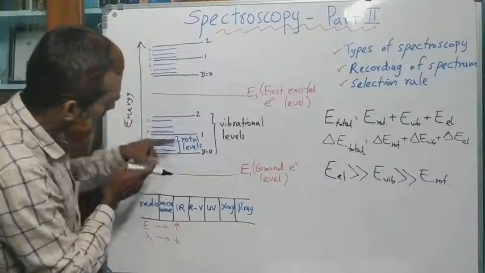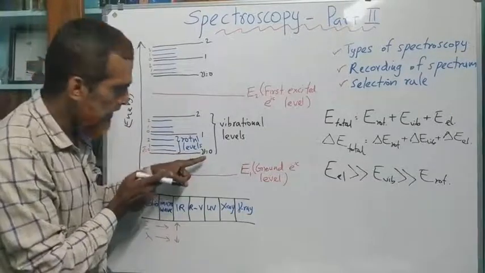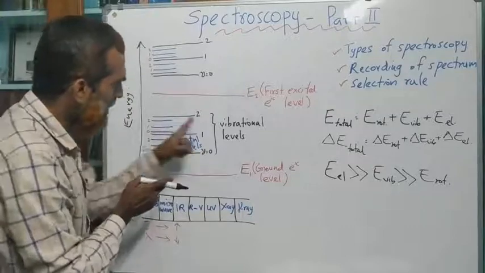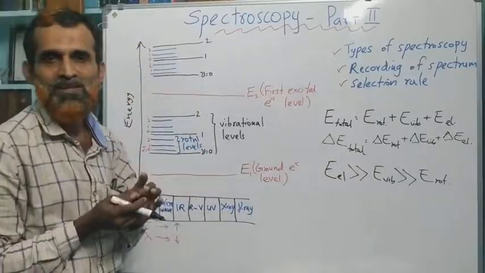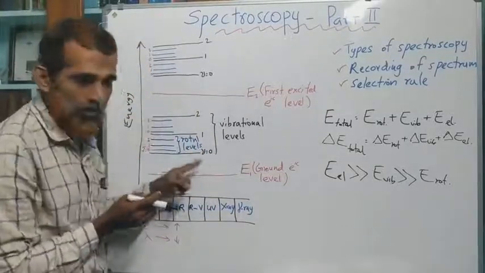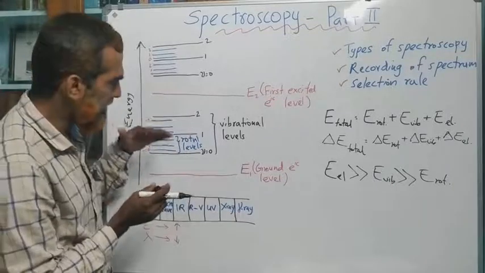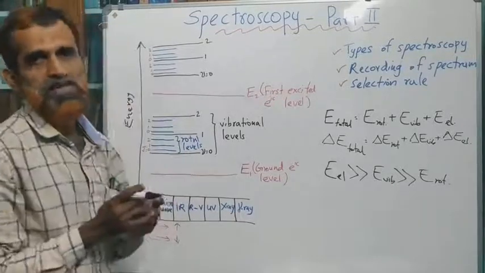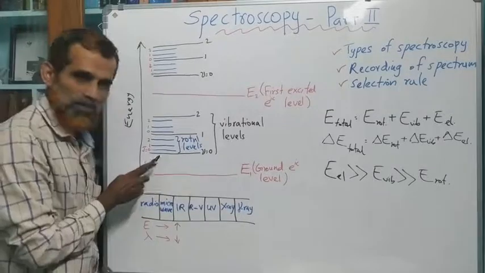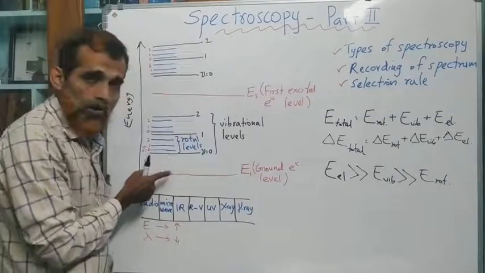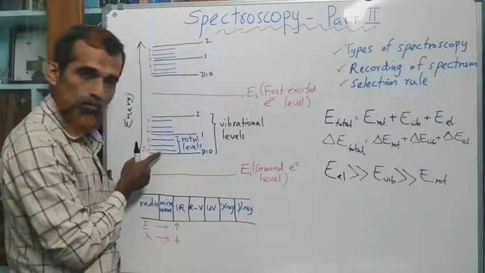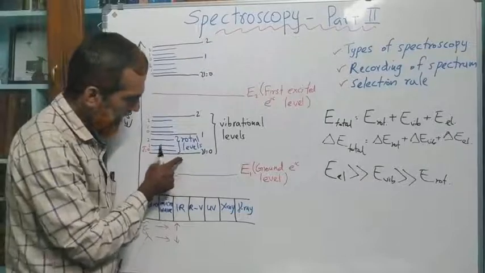What are these? The black lines that represent the vibrational levels. So each electronic level is further divided into vibrational levels. A point to be noted here is the ground vibration level is a little above, means there is an energy gap here.